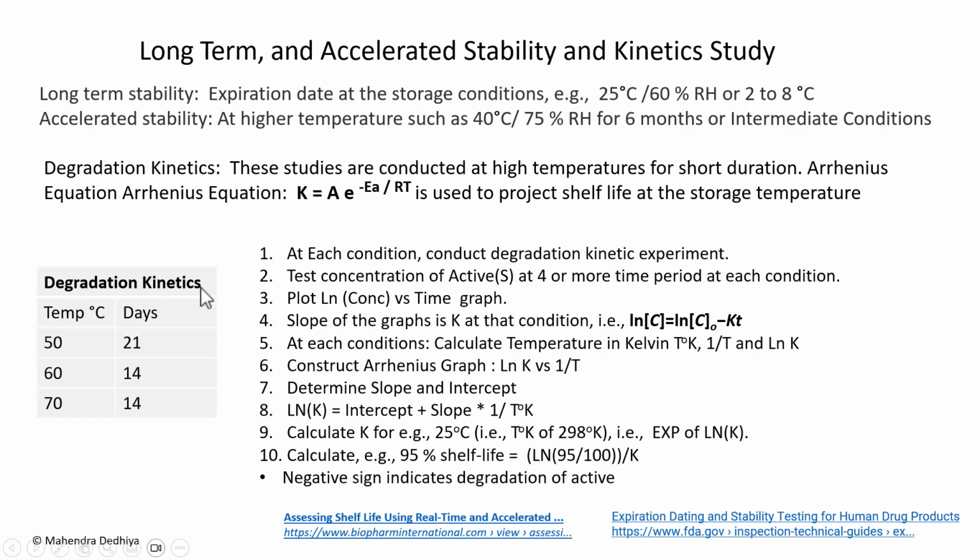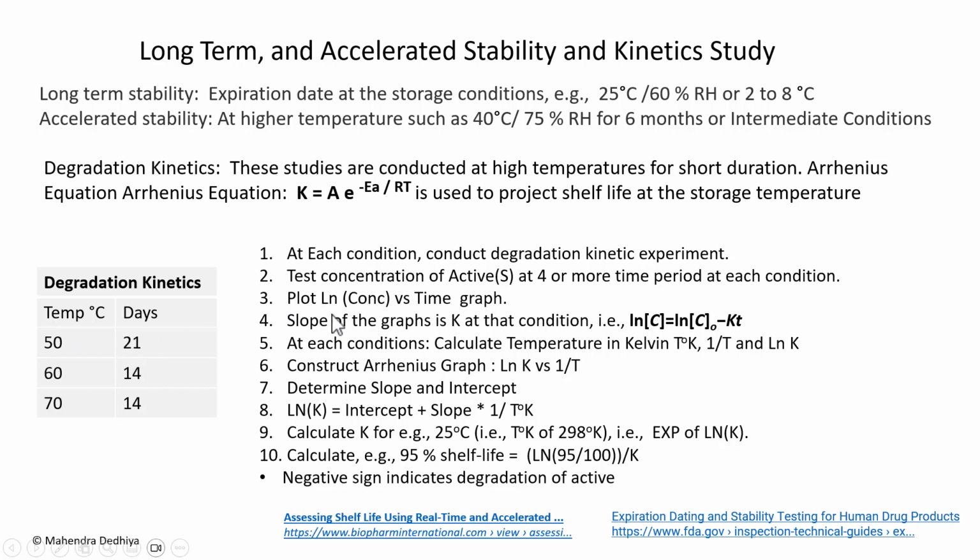This can be done with degradation kinetics, generally done at 50 degrees, 60 degrees, 70 degrees for very short duration. At each condition, a degradation kinetic experiment is conducted. Product is exposed, for example, at 50 degrees for 21 days. The samples are taken at different time intervals to see how much active has degraded.